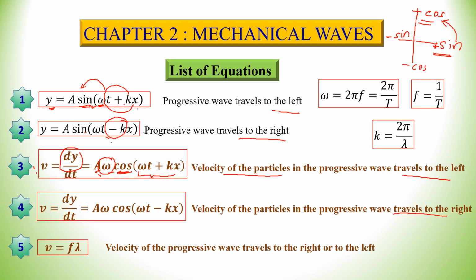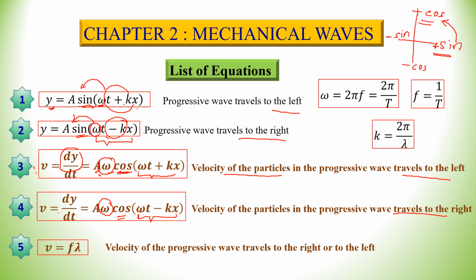So differentiate dy dt, saya akan keluarkan omega, bawa ke depan. So equation 4. Differentiate sine, kita akan dapat cos. Copy dalam bracket, omega t minus kx. Right, so equation 5.